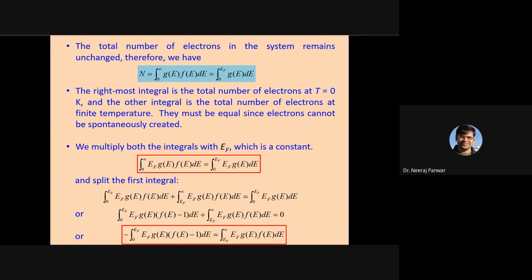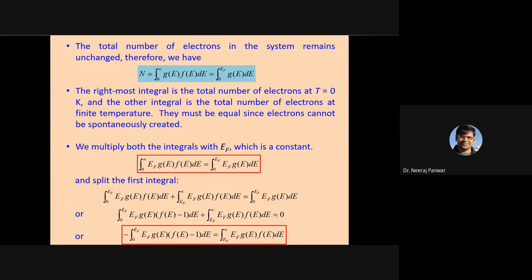Now we can see that we have this integral and this integral on the other side, they have the same limits. So we can bring this term on this side and we will get minus sign. So integral 0 to EF EF g(E) times (f(E) minus 1) dE plus integral EF to infinity EF g(E) f(E) dE is equal to 0.